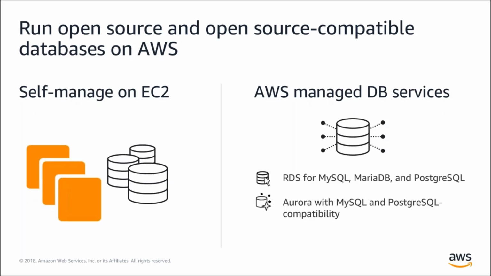On the managed database service side, it's slightly different. You get an endpoint, and the management is done by the managed service provider. Amazon RDS as well as Amazon Aurora fall in this category of managed database service.